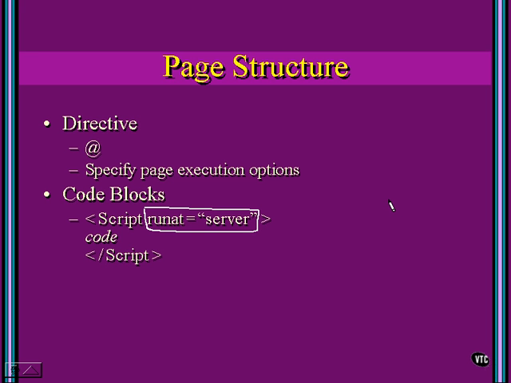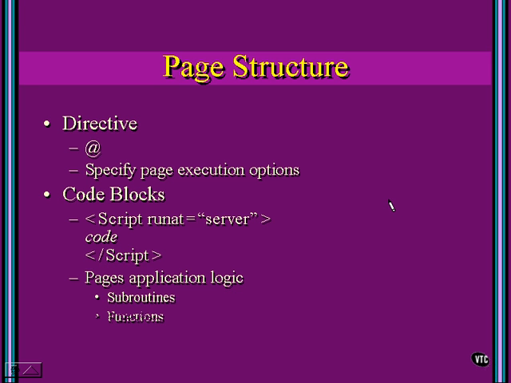Now keep in mind, I shouldn't have said it that way. The entire page is being compiled, but that's telling it exactly what needs to be run. This is the application logic, which means all of your subroutines, functions, and variable declarations should be inside these script tags. This is not a big issue because if you try to put a subroutine or a function outside a script tag, it will generate an error and it won't run correctly.